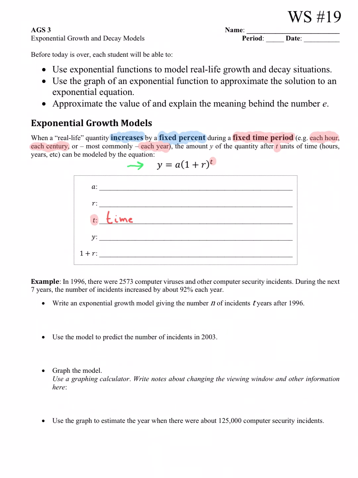Then we have the variable r. That's going to represent our fixed percent, or our percent increase that represents growth. And when we do percent increase, we want to write it as a decimal.